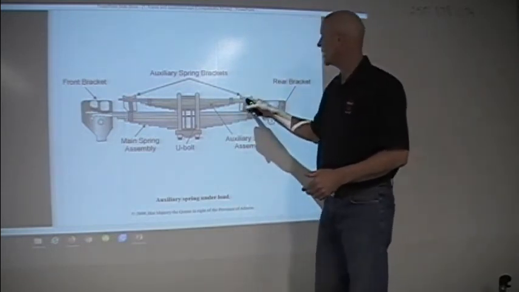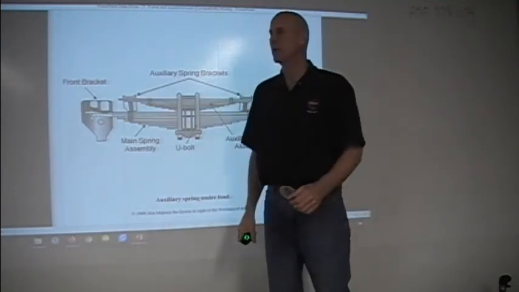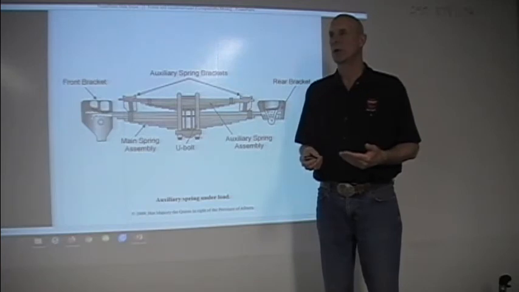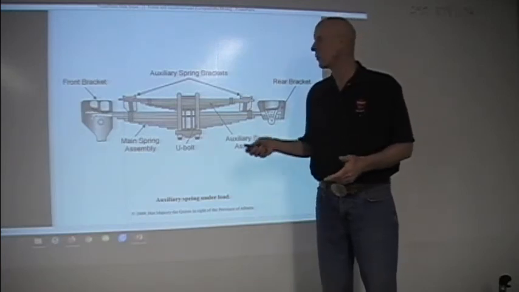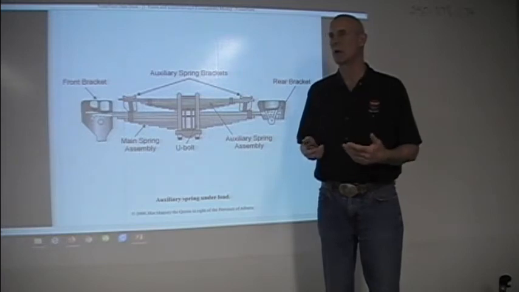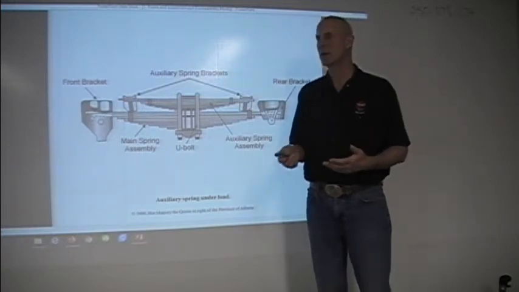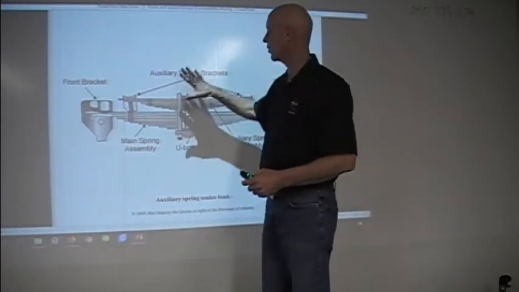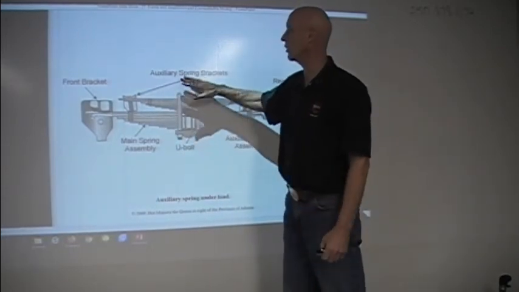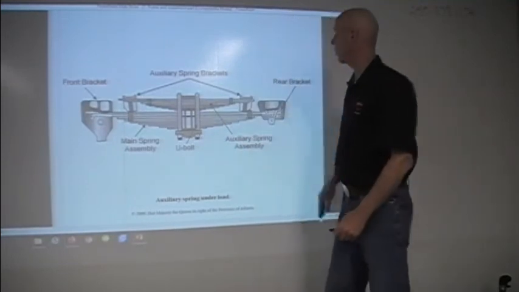Now, these never contact until a certain amount of weight is put onto them. So normally if I'm going down the road and I'm empty, those overload springs don't make the road ride any rougher because they're not in contact. It's only when it's fully loaded or almost fully loaded that these will work.